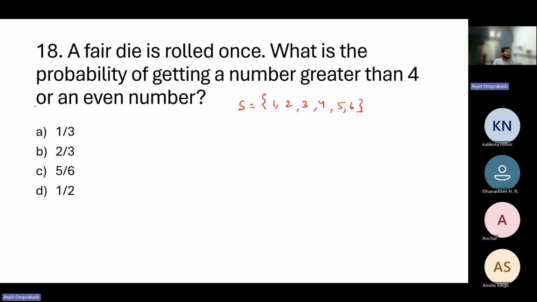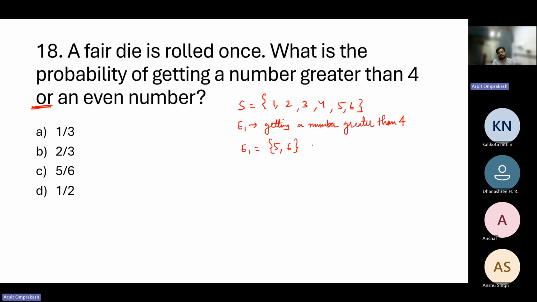So this or here indicates that there are two events that we are looking at. Okay. So first is getting a number greater than 4. So let's say our event 1 is getting a number greater than 4. So our E1 will basically be 5 and 6.